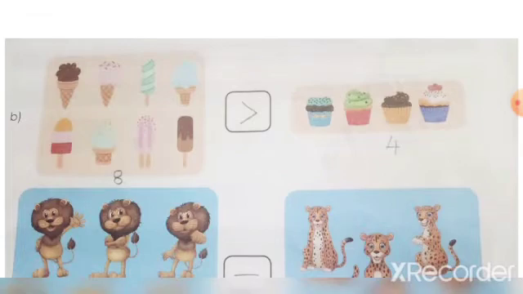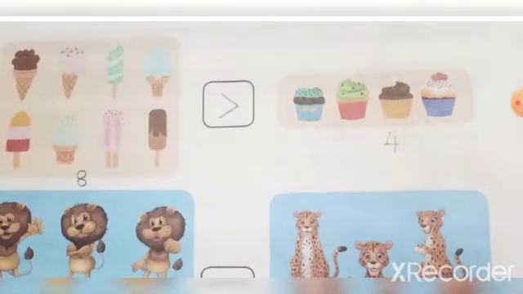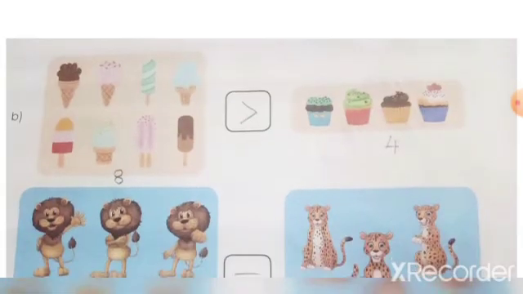Look, some ice creams are given on one side and some cupcakes on the other. Let's count how many ice creams and how many cupcakes there are. Ice creams are 1, 2, 3, 4, 5, 6, 7, 8. 8 ice creams, and cupcakes 1, 2, 3, 4. 4 cupcakes.